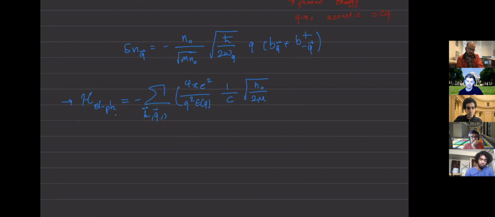And so these are all the coupling terms, and what they describe is an interaction between some electron modes and also phonons.